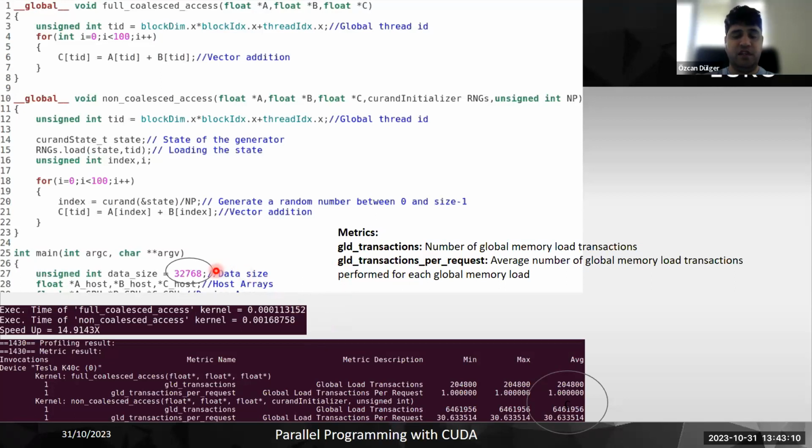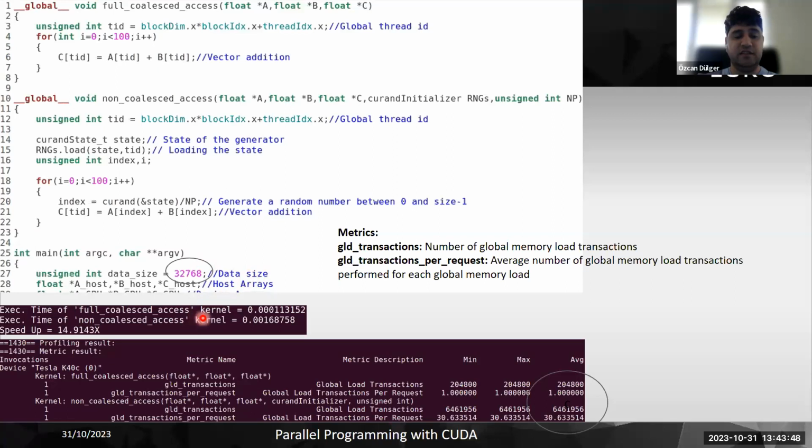Okay, before showing the results of the profiler, let's look at the execution times. The execution time of full coalesced access. By the way, the number of data is 32,768 here, and the execution time of the full coalesced access kernel is around 0.001 seconds, and the execution time of non-coalesced access, the second kernel, is 0.0016 seconds.